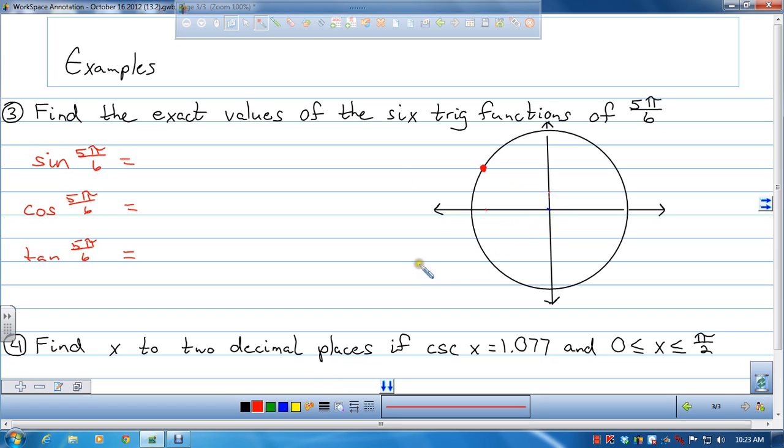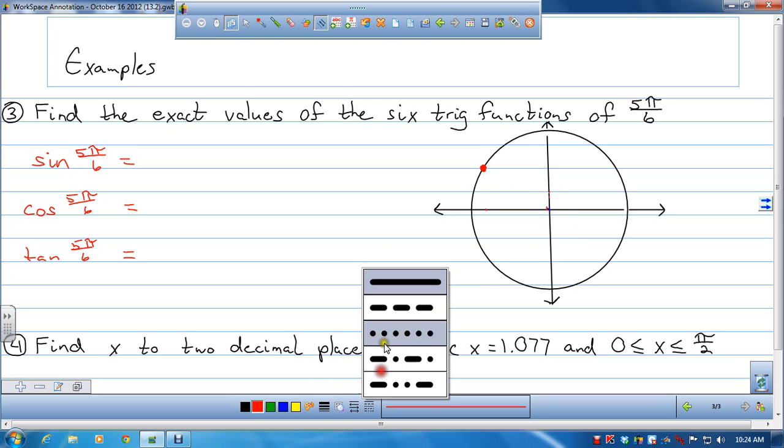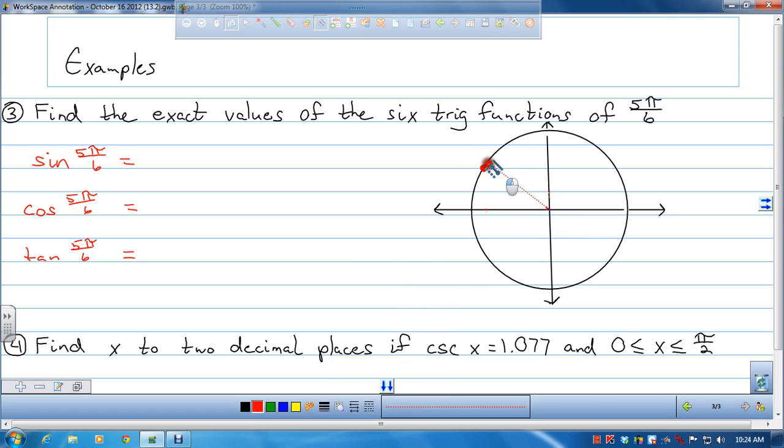So let's see here. Draw this arrow, because I want you to kind of recognize here, talking about that as pi, or 5 pi over 6. Okay? So, when we started over here, and we went here, we're talking about this angle right here. Now, we say angle, we're talking about circular functions. We say angle because we're going to need to use these angle measures to find the values of the x and y of this point up here.